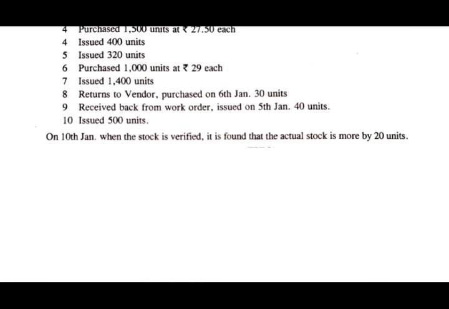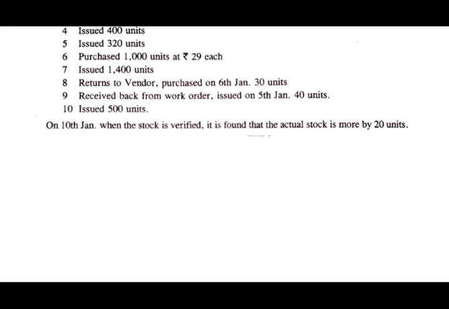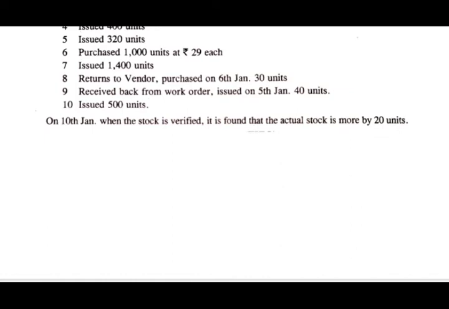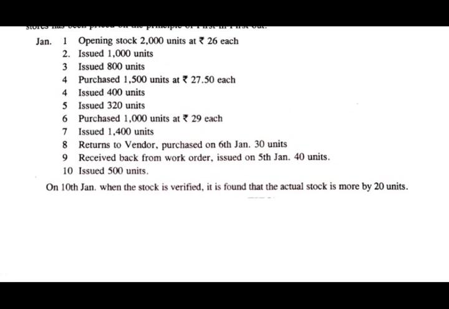So on January 9th, received back from work order issued on 5th Jan, 40 units. On 5th Jan, already 320 units were issued. From the issue made to a specific department, we are getting back to stores these many goods.